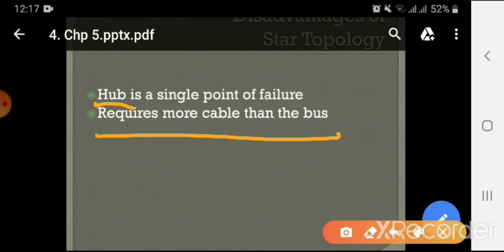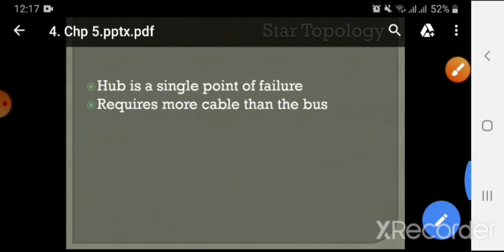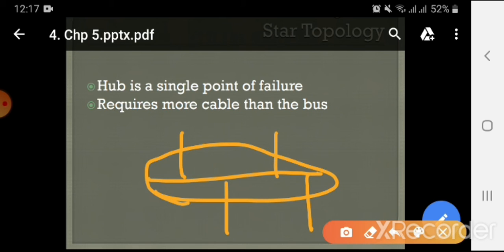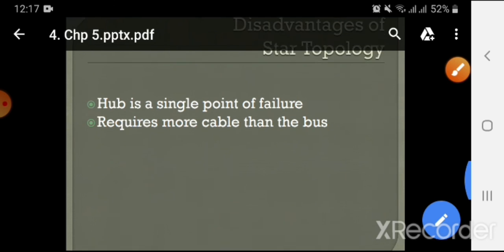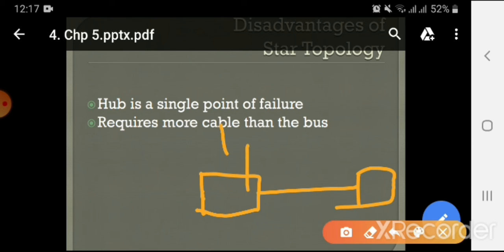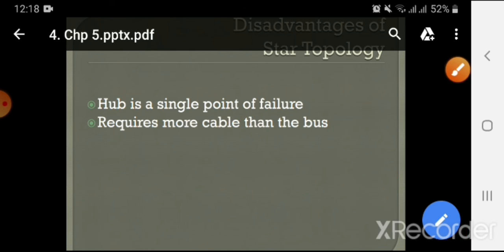Because in bus topology there is a single line through which all the computers are connected, so we need only one cable. But in star topology we need a single wire for each and every computer to be connected, so we need a lot of cabling. That's why it is more expensive than bus topology.